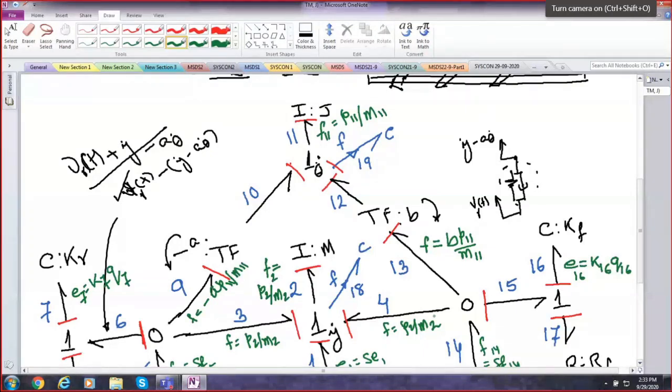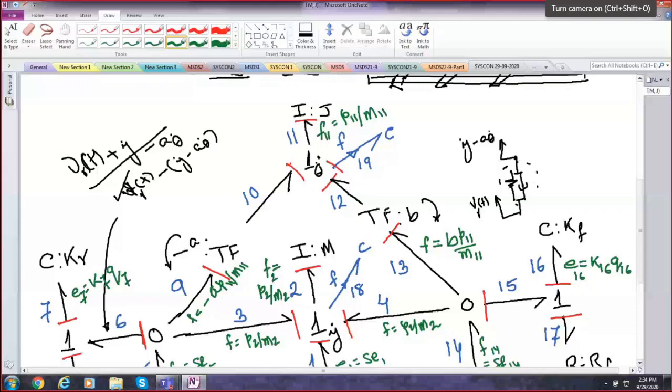Okay. So at the 1 theta dot junction, flow of all the bonds is P11 by M11. Then the transformer also, in bond number 10 and 12, we have the same F11, P11 by M11.